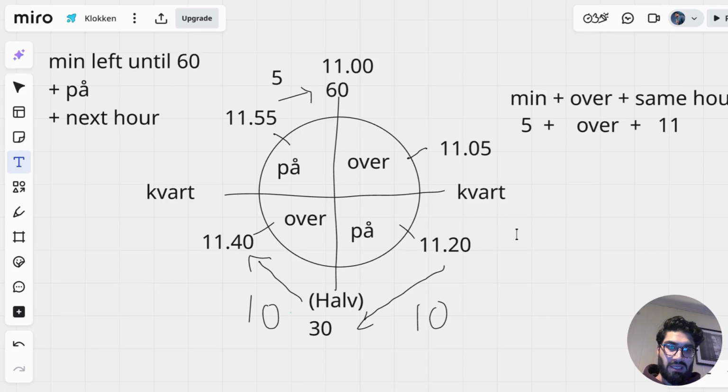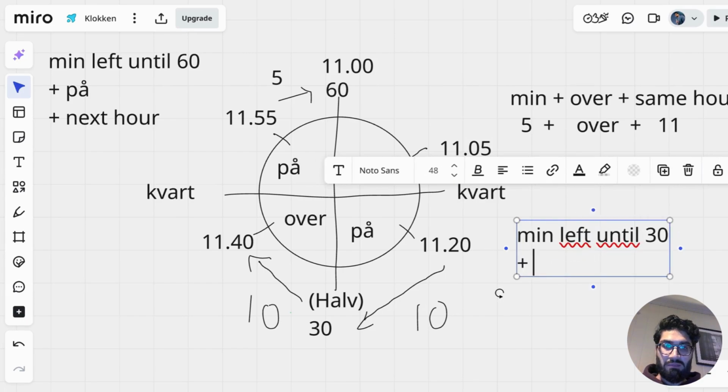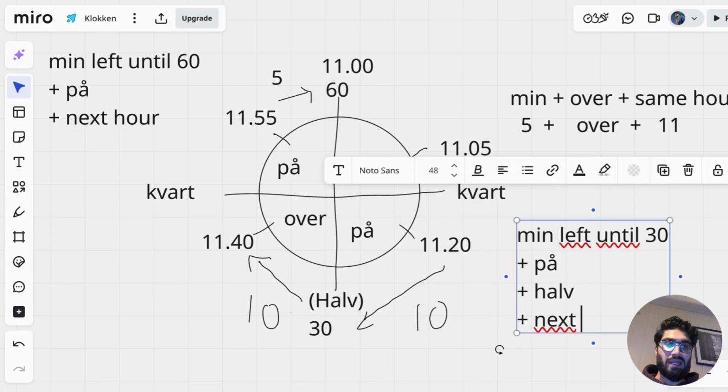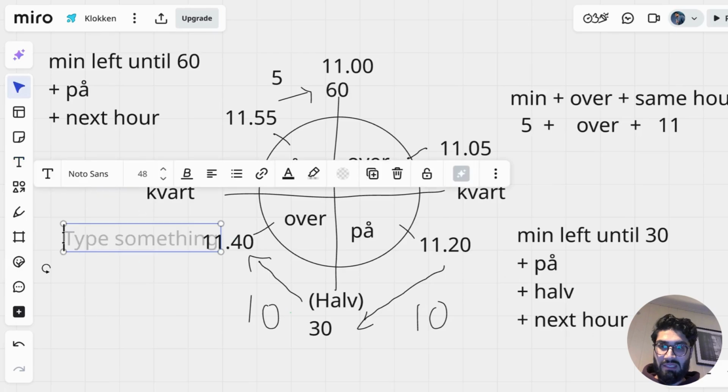The rule is like this. Minutes left until 30 plus på, because that's the part we are in, plus halv, because that's the break, plus next hour. So that's for the right side, and then for the left side it is almost the same.